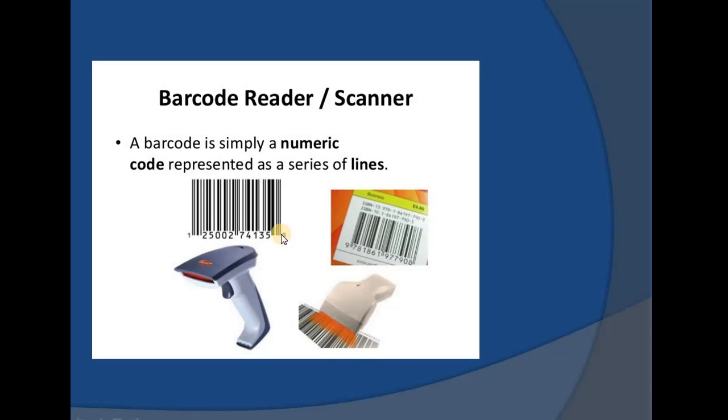Most of the time we use it in supermarkets, big bazaars or shopping malls. When a customer collects all the products and goes to the cash counter, the person working there scans all the products. The moment he scans them, information such as the product name, price and quantity is easily captured and transferred to the computer system, and the bill is easily generated.